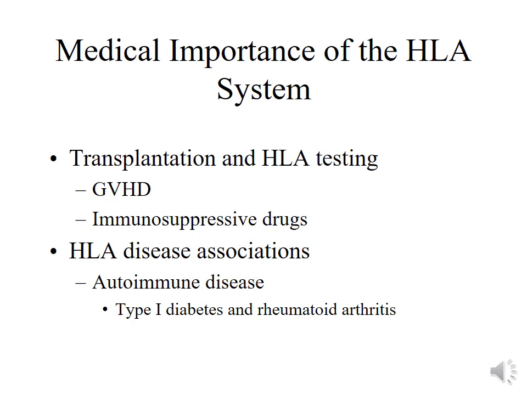Immunosuppressive drugs are used to suppress immune responses after transplantation, but transplant success depends largely on the degree of HLA matching between the cells of the donor and the recipient. Histocompatibility testing, also called tissue typing, involves assaying HLA alleles in donor tissues so that the best match can be found for prospective recipients.